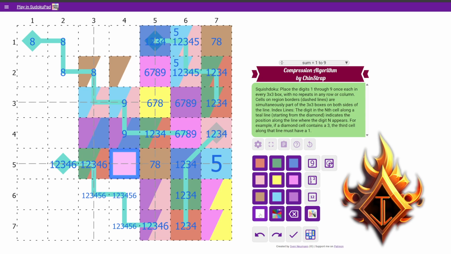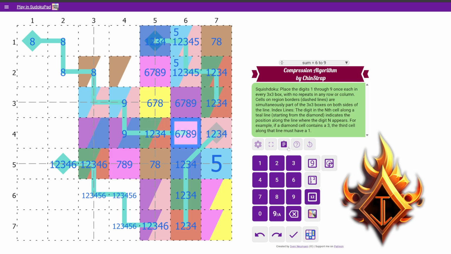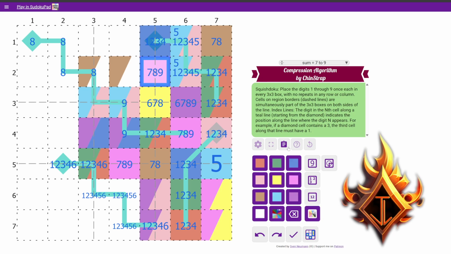Therefore, this is the pink. That is 6, 7, 8, 9, but it is not 6 now, because it would block that entire 6 from that index. Oh, this is quite hard. Wow. Okay. So this is not 6 now.